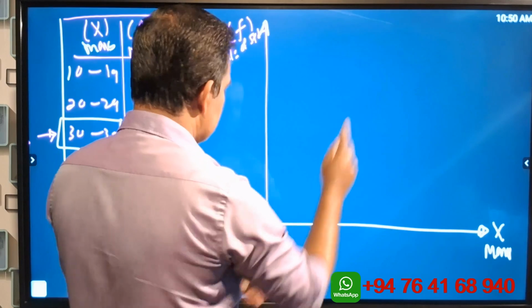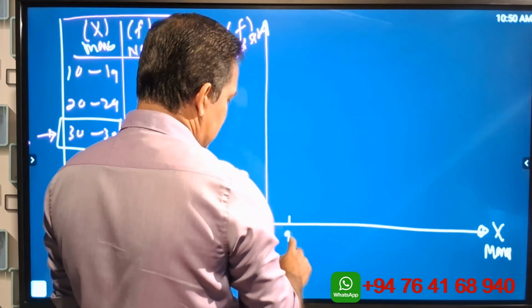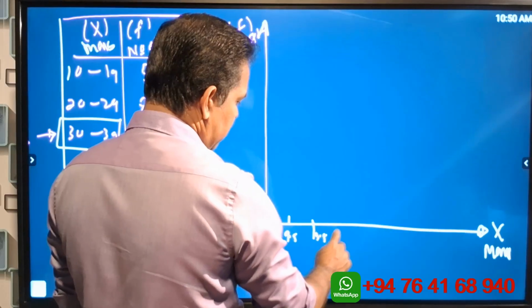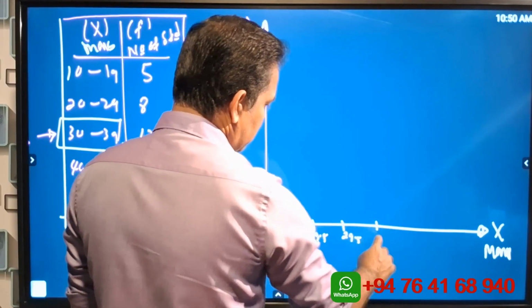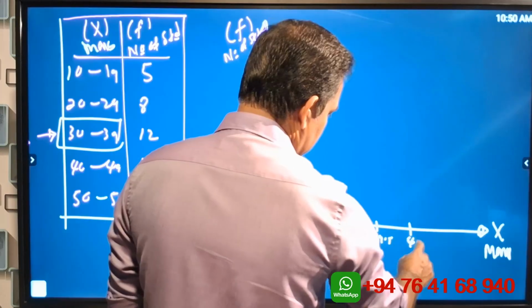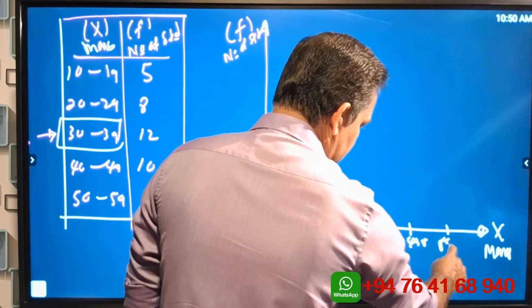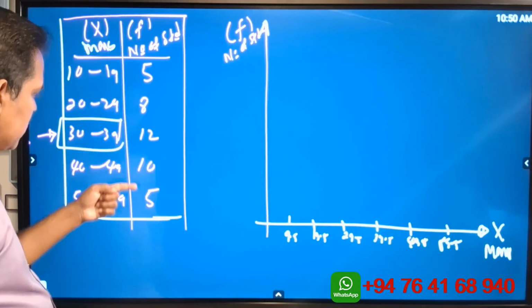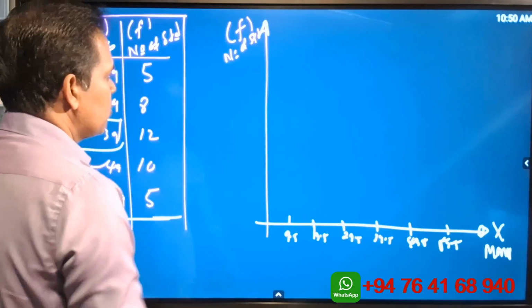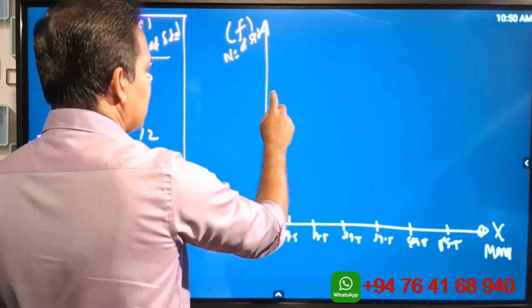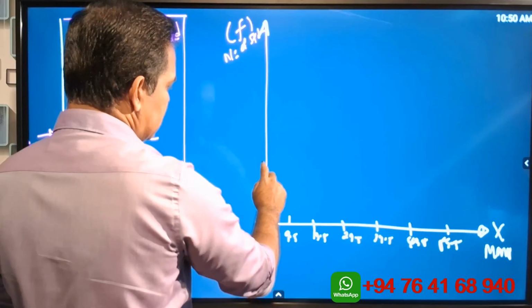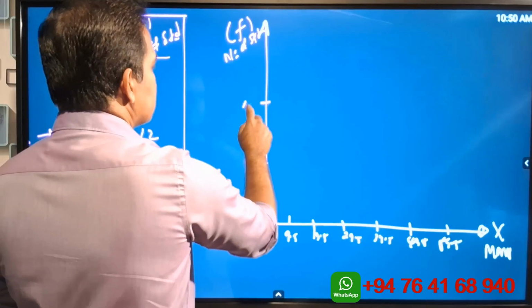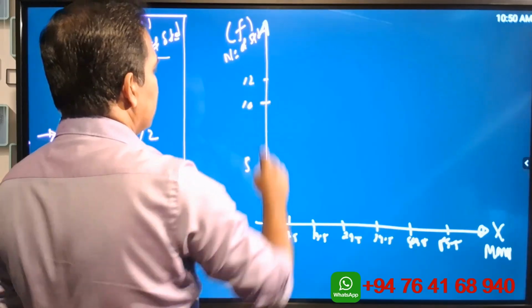The class boundaries are 9.5, 19.5, 29.5, 39.5, 49.5, 59.5, likewise. The maximum frequency is 12, so up to around 15 I can calibrate the vertical axis, 5 somewhere here, 10 somewhere here, 12 somewhere here.